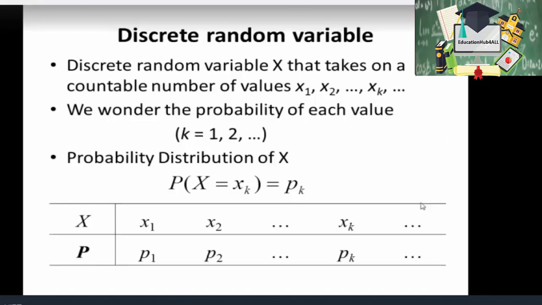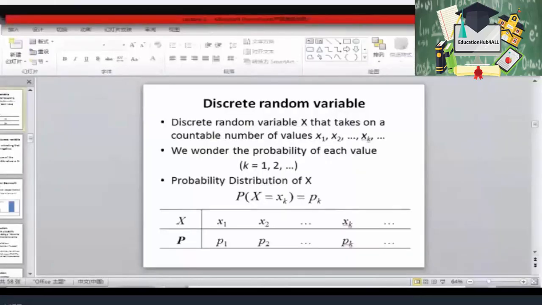Later we will use the Excel function to tell us all the probability values. Maybe we just take a look here. Open it.